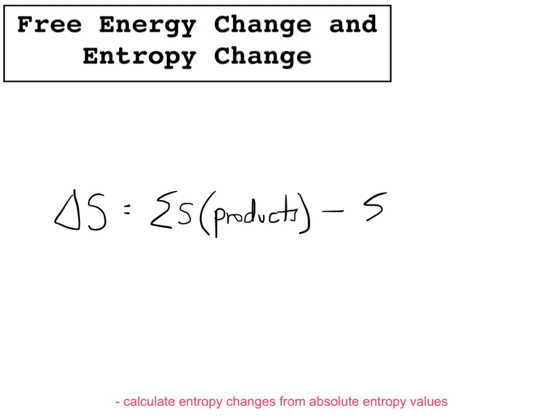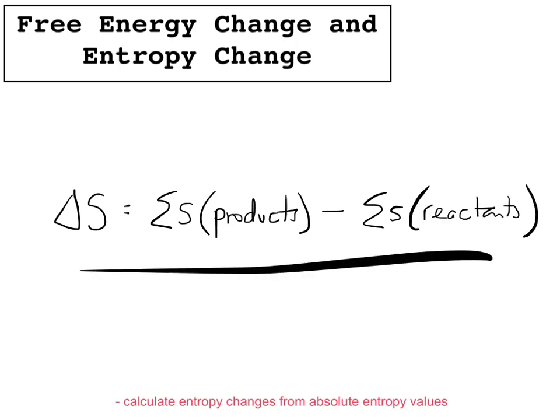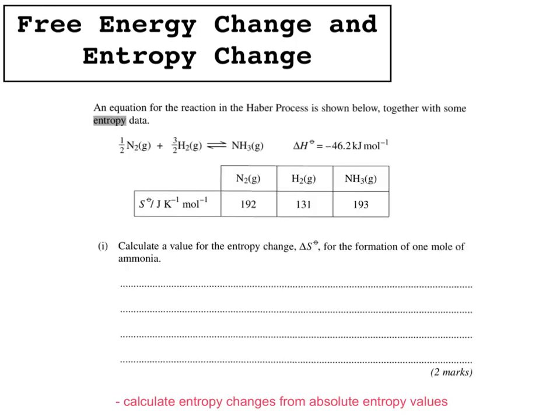So in order to calculate the entropy changes from absolute entropy values, all we need to remember is that the change of entropy will equal the sum of the entropies of the products minus the sum of the entropies of the reactants. So if we take this example here, it says an equation for a reaction in the Haber process is shown below together with some entropy data.